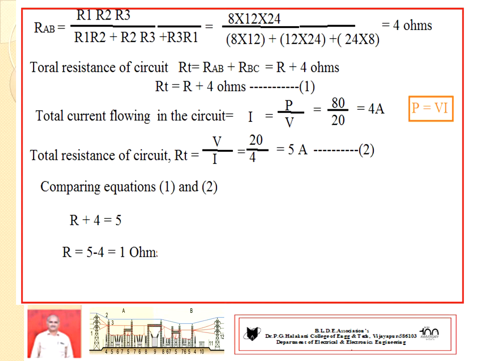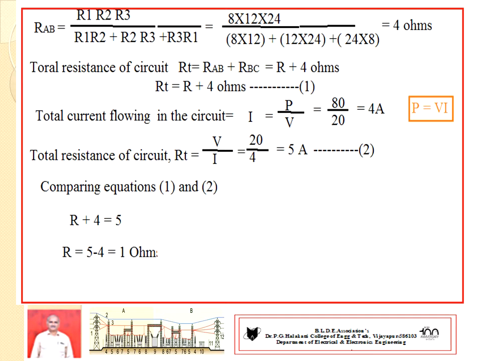Once you know the total voltage and the total current of the circuit, then total resistance of the circuit may also be written as total voltage divided by total current. So you substitute the values. Total voltage is 20, total current is 4.